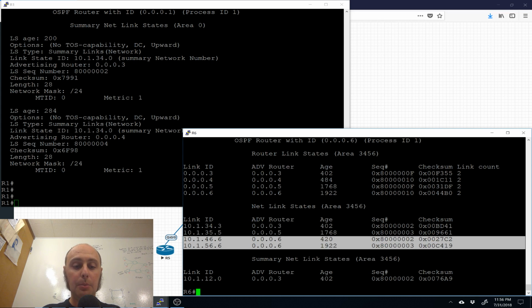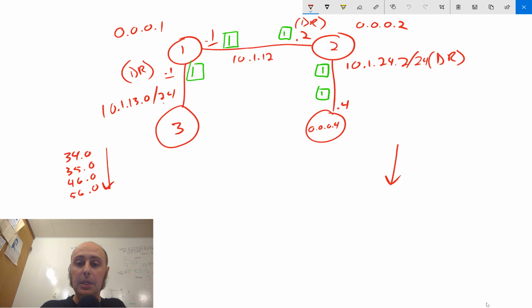So if we start at the bottom of our topology and try to pencil that in, we're going to be down here, which is 0.0.0.6, router 6. And we see that we have 2 links.